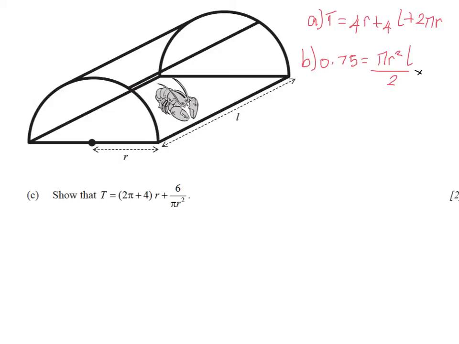If I multiply 2 by both sides, I will get that 1.5 is equal to pi r squared L. Now if I take that and divide both sides by pi r squared, I will get an expression for L. And my expression for L will be L is equal to 1.5 over pi r squared.